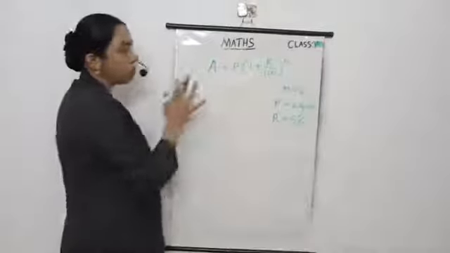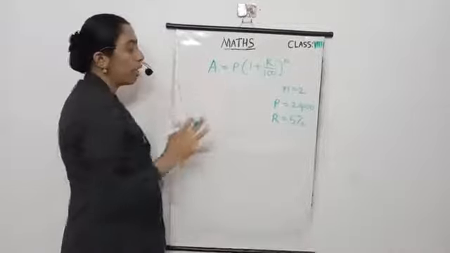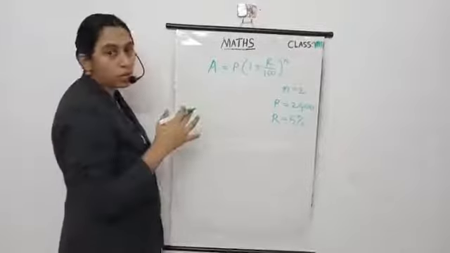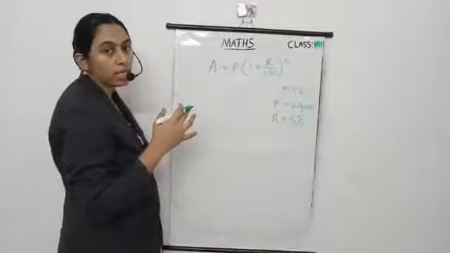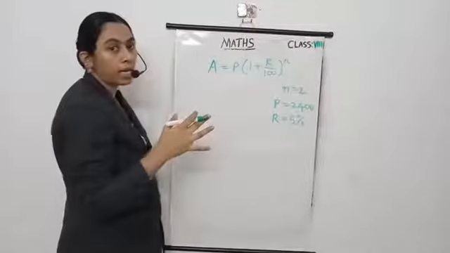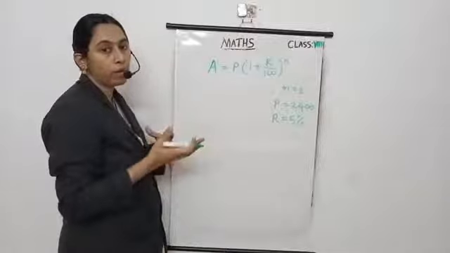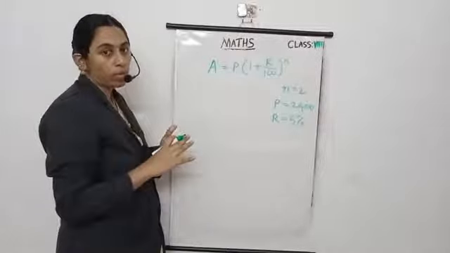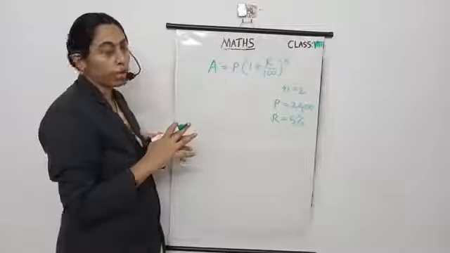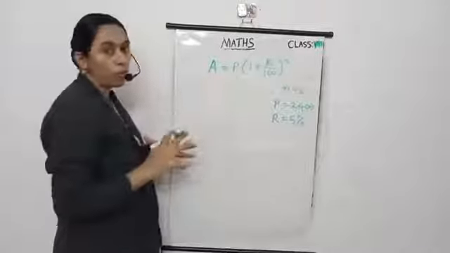So first we need to find the amount only, not compound interest. If in the previous question they asked compound interest, first we find the amount, then amount minus principal amount, we get the compound interest. Here they asked only the amount to be paid, so we need to find the amount only.